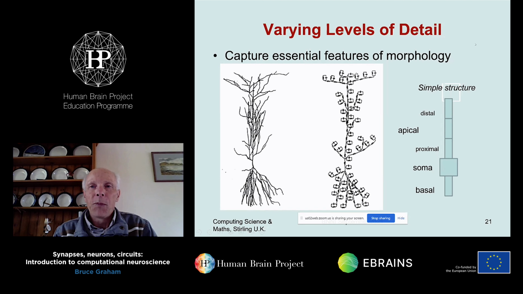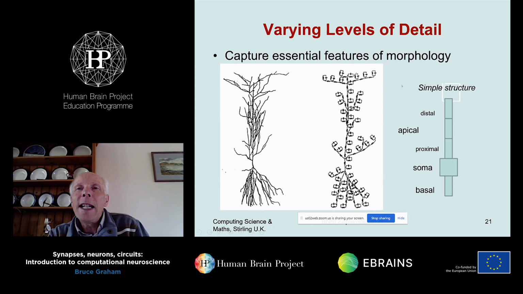This picture illustrates one thing you might consider: looking at a complex cell like this, apart from the fine branching details, the basic structure of the cell is quite straightforward, in that you have a cell body down here somewhere, and then a lot of dendrites going upwards, which are the apical dendrites, and a lot of dendrites going downwards, known as the basal dendrites.